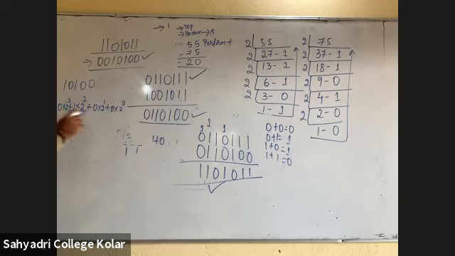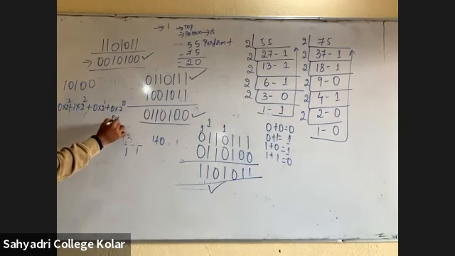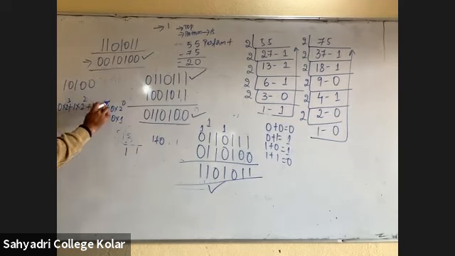Now, 2 to the power of 0, it is nothing but 1, 0 into 1 plus 2 to the power of 1, it is nothing but 2, 0 into 2 plus 2 to the power of 2, it is nothing but 4, 1 into 4 plus 2 to the power of 3, it is nothing but 8, 0 into 8 plus 2 to the power of 4, it is nothing but 16, 16 into 1.